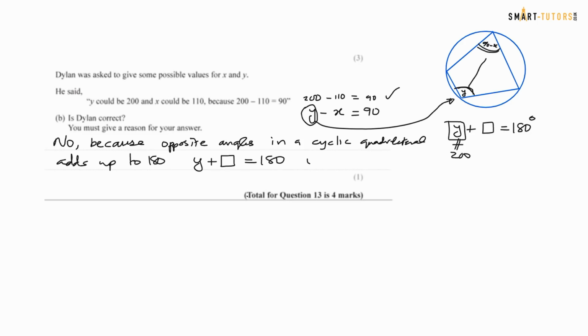So y plus the other angle is 180. So y on its own can't be 200. So that is our reason. That is the end of question number 13.